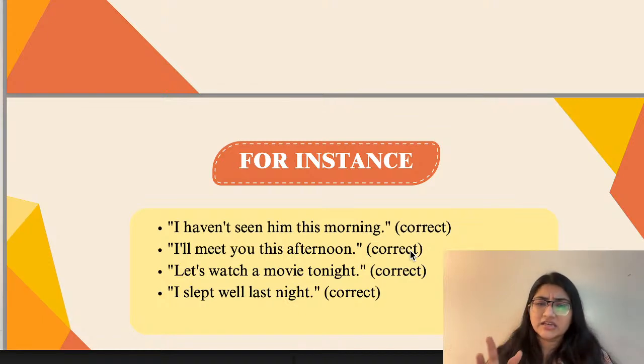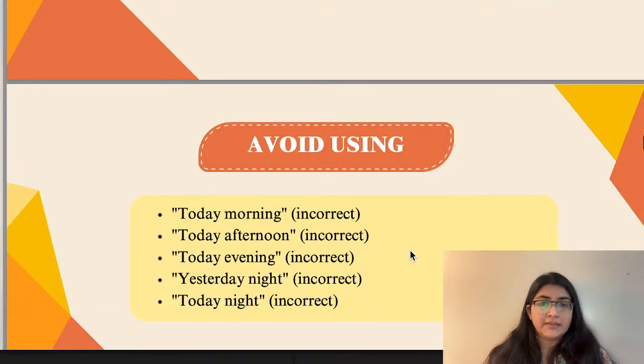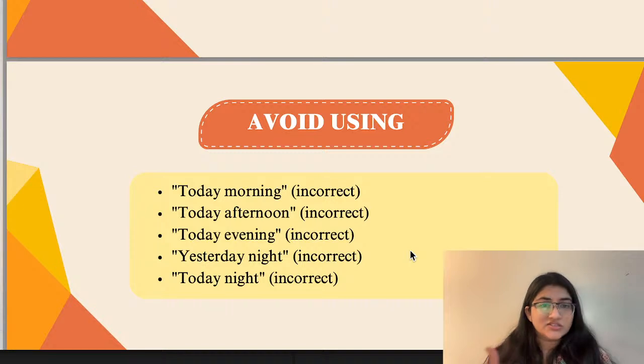Yesterday evening is correct, but for the night that has passed, you'll use last night. Now, avoid using today morning, today afternoon, today evening, yesterday night. For yesterday night, you're supposed to use last night. And for today night, you're supposed to use tonight.